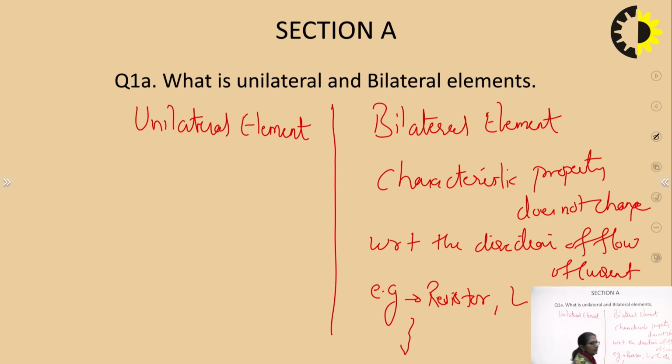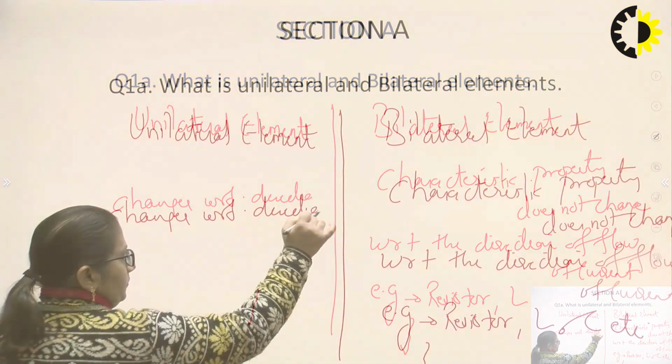The basic circuit elements R, L, C are the bilateral elements, whereas the unilateral elements are the elements whose characteristic property changes with respect to the direction of flow of current flowing through them. Just the opposite, here the characteristic property changes with the change in direction of current.